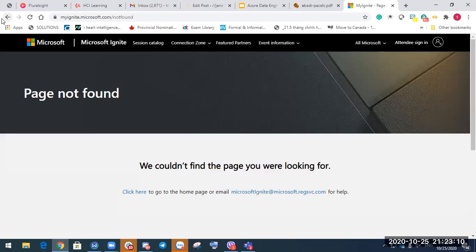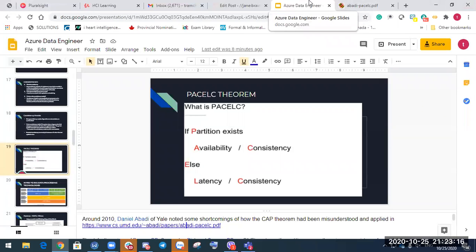So let me try my best to talk about PACELC without this matrix. That's weird, because I was having this. Okay, so let me try to explain it without this matrix, and I'll supply you with the matrix later on.